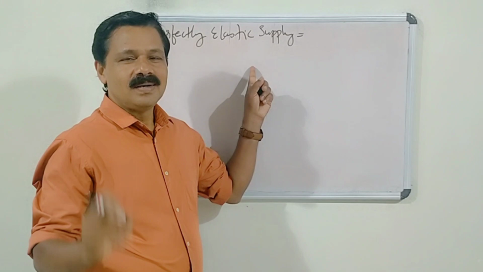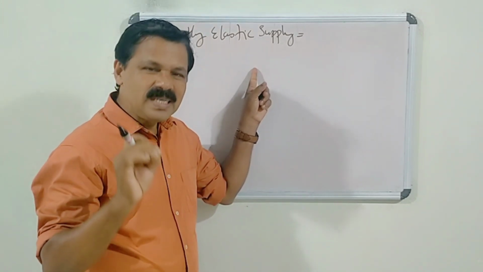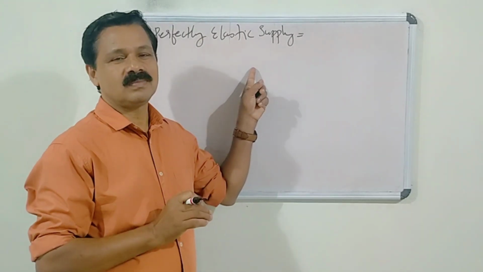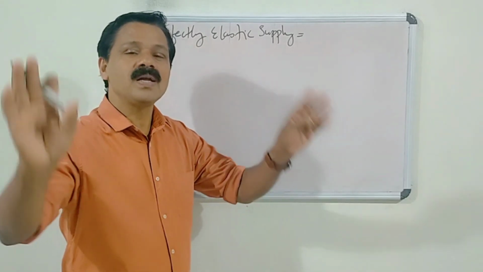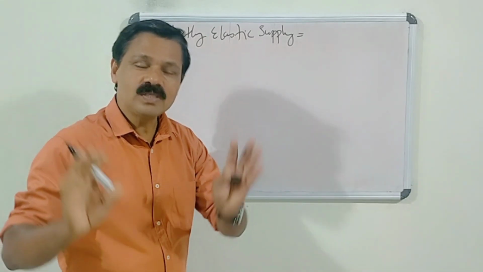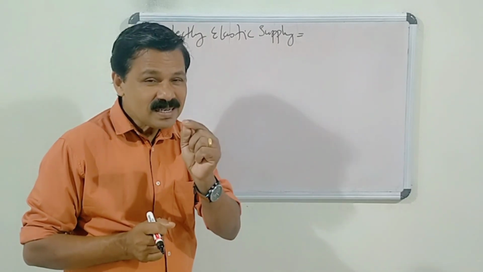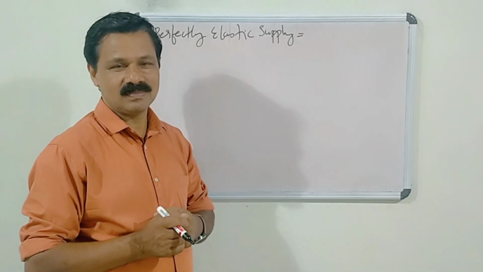If a commodity is facing perfectly elastic supply, infinite quantity of that commodity will be offered for sale by the sellers if there is a slight incremental change in the level of prices.